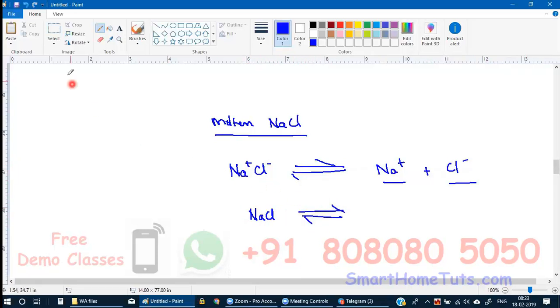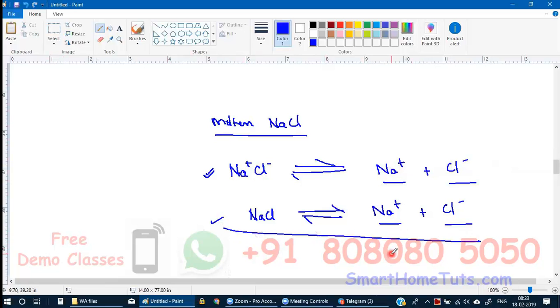This way also it's not wrong. Generally we write it like the other way, but this is actually more correct because the electron is already transferred from Na to Cl. But at 10th standard level it's okay even if you write the other.